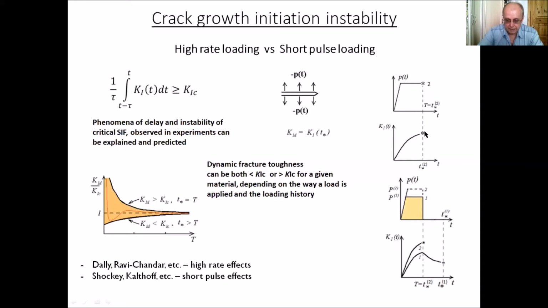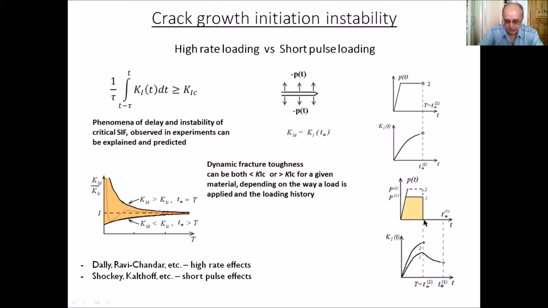Let us now fix this particular value of T star. And now I will consider this value as a pulse duration. So I will have this pulse duration, noted as number two, in which T star is just the duration of this pulse.